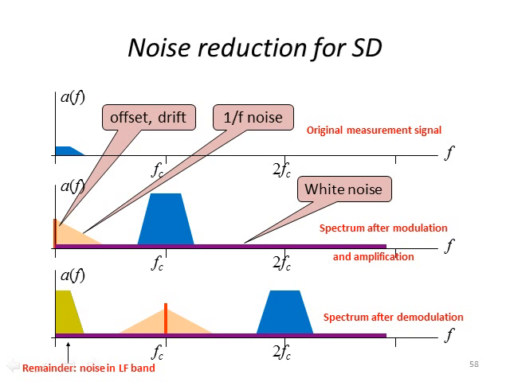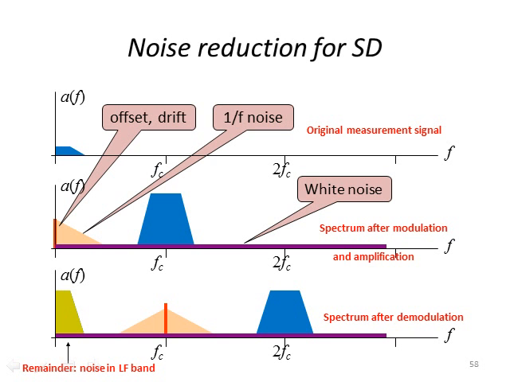So our original measurement signal that's been amplified is folded back to the original measurement location. The noise signals in the spectrum, due to offset, drift, and 1/f noise, are now pushed out to the carrier frequency of the demodulation process. And also we get an image of our measurement signal at 2 times the carrier frequency when we do the demodulation.